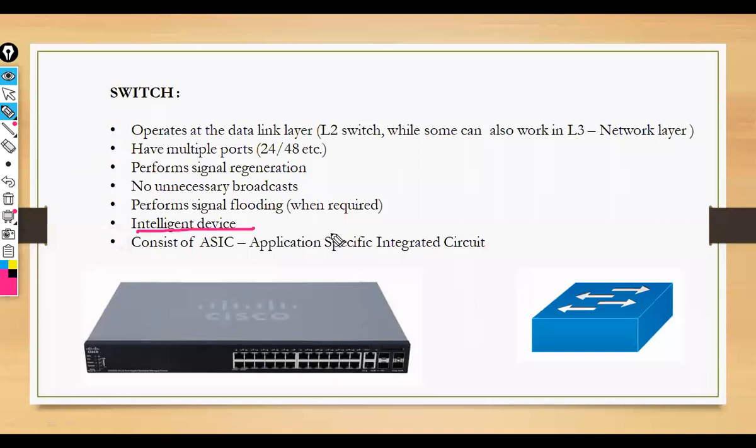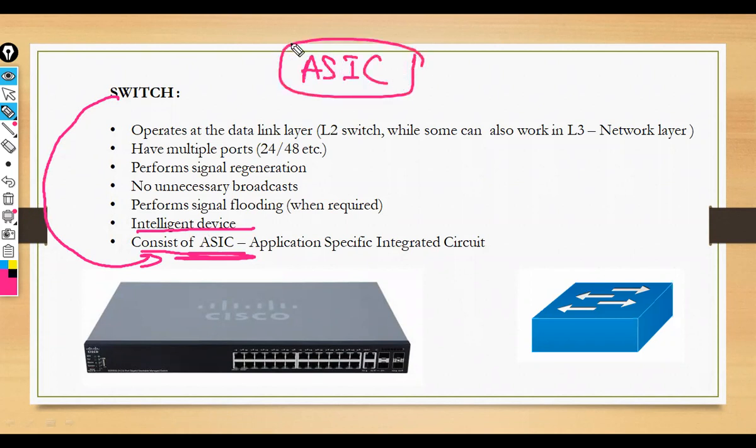This is the next property of the switch. It's an intelligent device. And a very important thing is that the switch consists of a hardware part called ASIC, or switch engine. The full form is application specific integrated circuit.